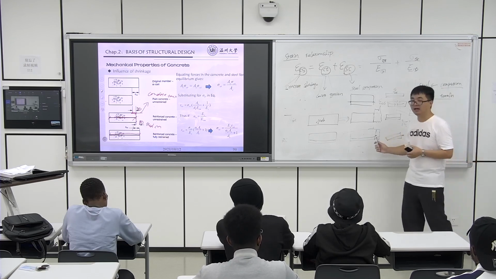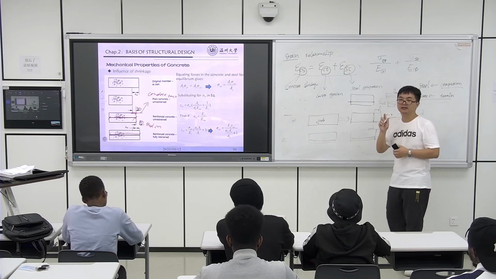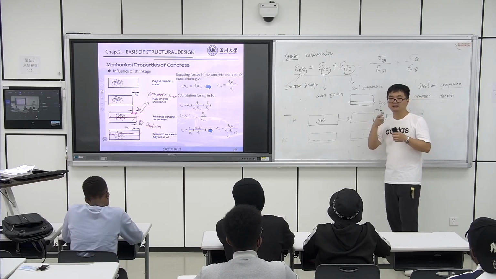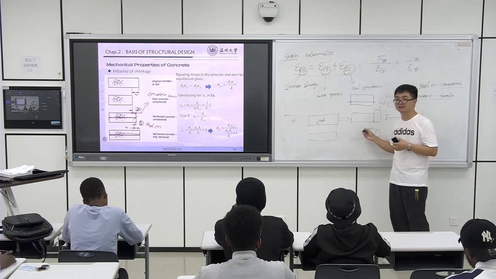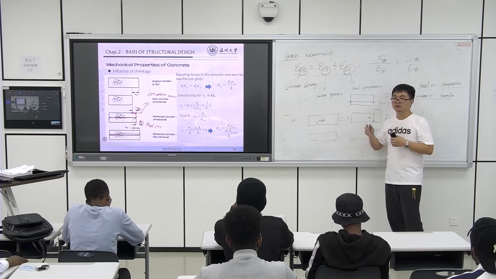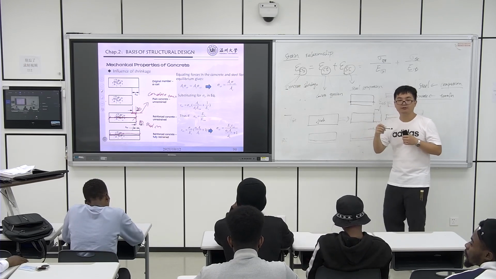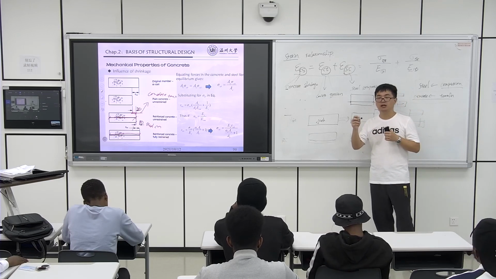But yeah, I know when he said they're curious about why the steel bar and the concrete can work together. They have the same deformation, it will look like this, right? But here, we know there's a bond force around the surface of the steel bars and the concrete.